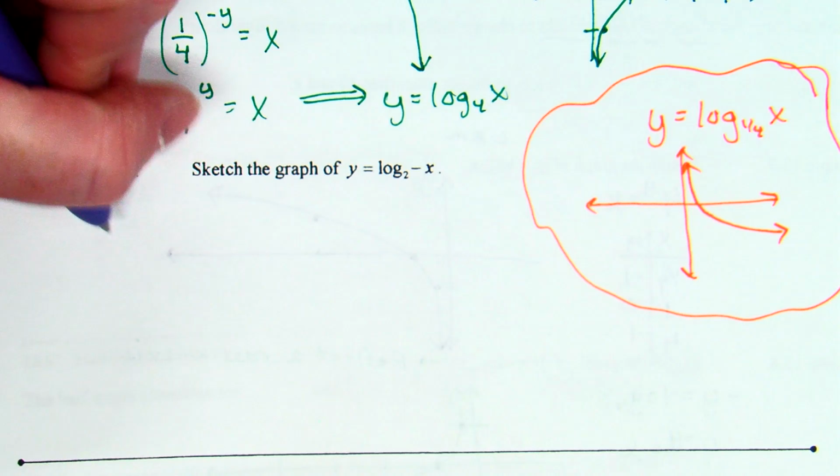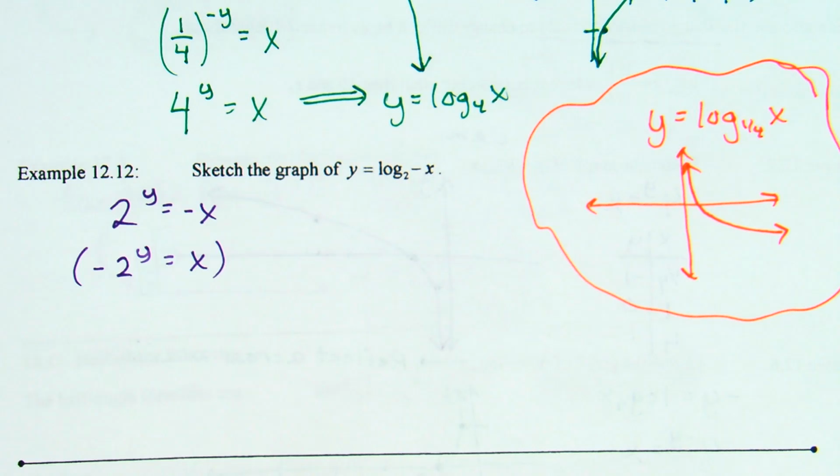Dang it, I totally just wrote that wrong. Negative 2 to the y equals positive x. So you could also think of it as the negative of 2 to the y equals x. And so again, y is in the exponent.